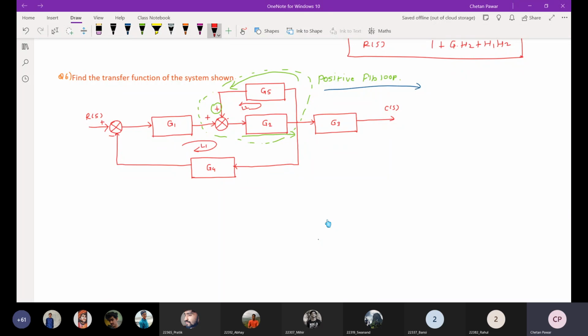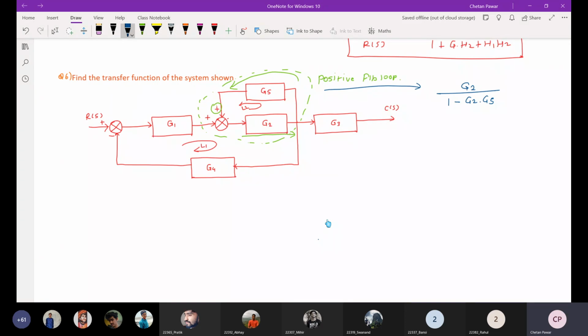So if you reduce this particular block, the reduced block gain will be the forward path gain over 1 minus G2 into G5. That is a loop gain, right? And we are using a minus term here because positive feedback is there.